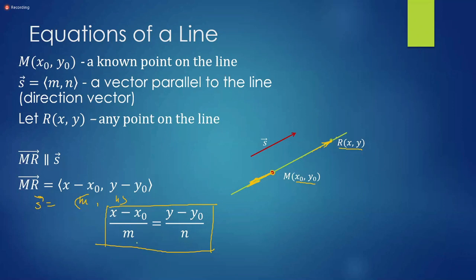So this is the first equation of a line. It can be used if we know a point and the direction vector. If you are given a point and a vector, and asked to write the equation of a line passing through this point parallel to that vector, this is what you write.